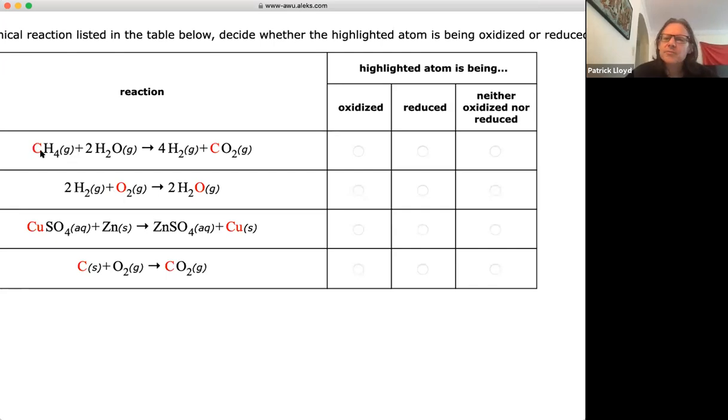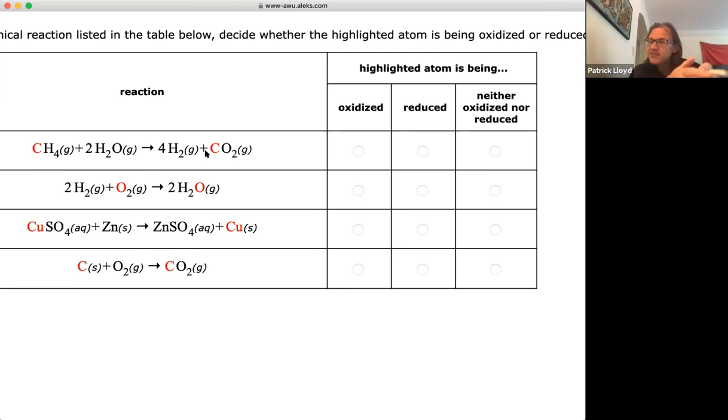If you go through the carbon here in the first one, you end up with -4. We just did methane actually as an example, right? Methane, carbon was -4. And then over here, the carbon is +4 because each oxygen is -2. So it went from -4 to +4.